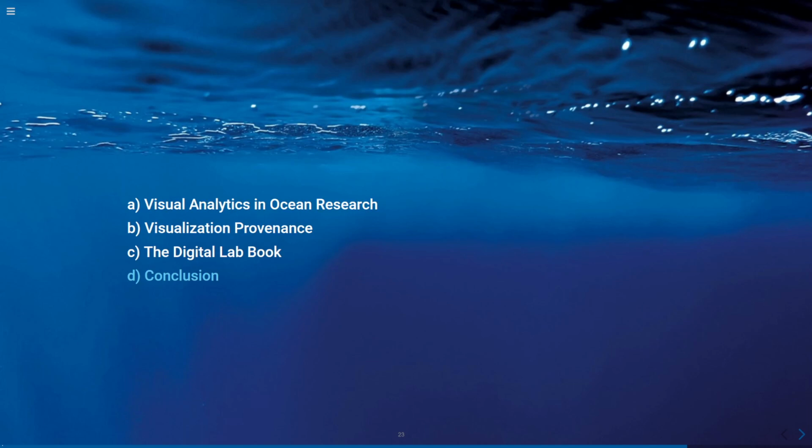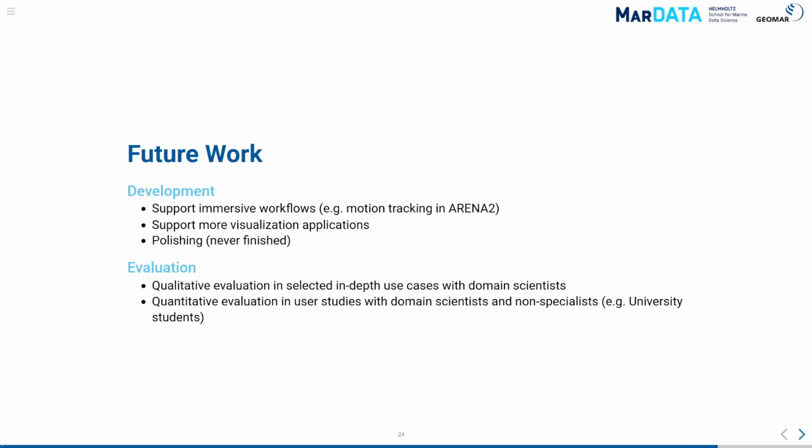Now I'm giving you a quick outlook and concluding this talk. Obviously, there is always something more to do. The most important points for the Digital Lab Book now are to actually support immersive analytics workflows and track provenance artifacts that arise there. For example, in the Arena 2.